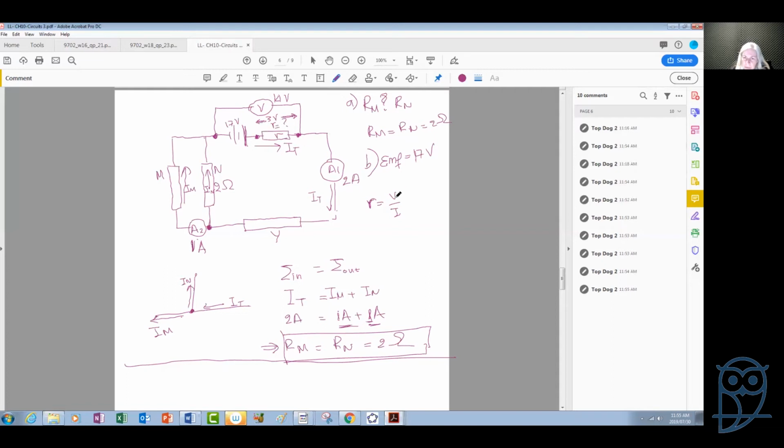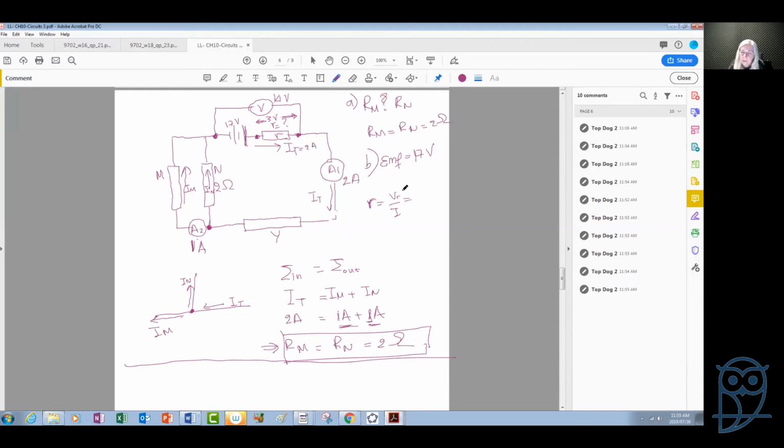Let's call it VR to know that we're talking about the potential difference across the internal resistance only. And what is the current in the internal resistance? It is the same current as in the battery, the current in this main branch of the circuit, isn't it? So it's 2 amperes, we know it.